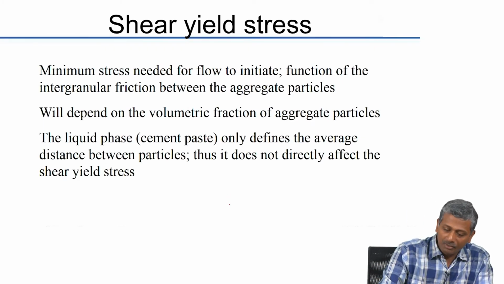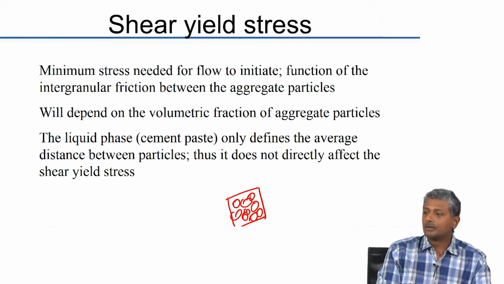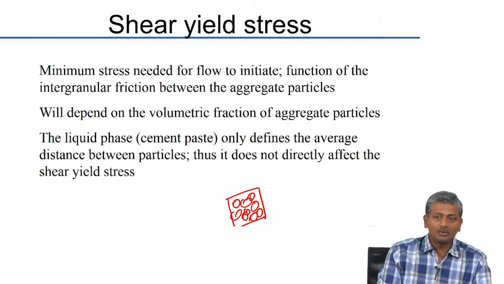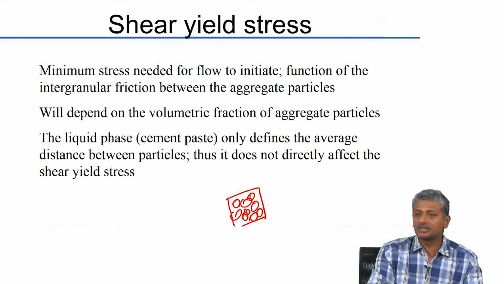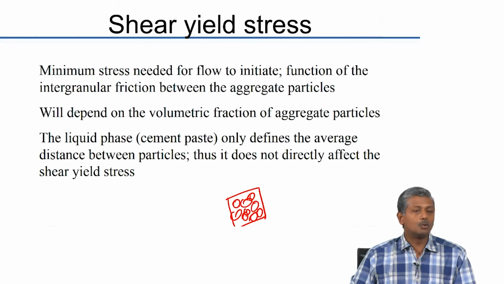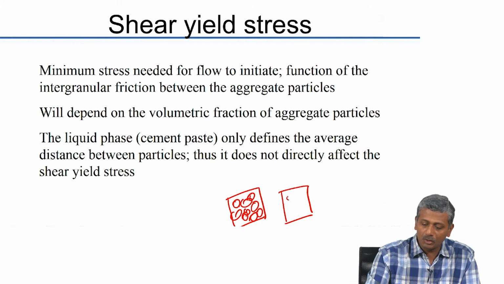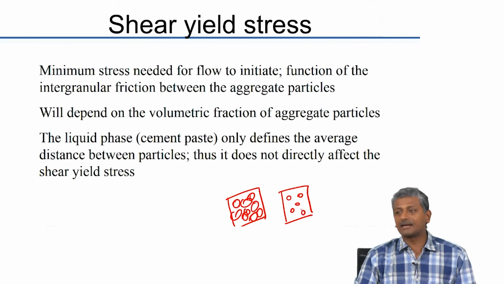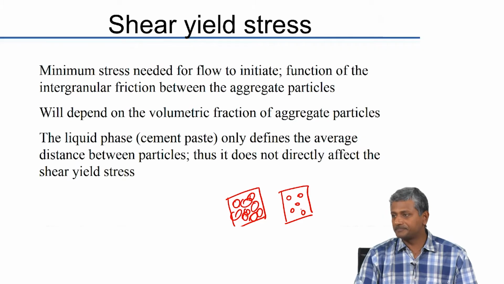Now, if you imagine a volume which is full of aggregate, if you want to make this volume start flowing, the amount of friction between the aggregates, because they are lying next to each other, is going to be so substantial that you need an extraordinarily high level of stress to be overcome to make this material start flowing. Now, the same concept, if you apply it to a system which has very less aggregate, you have mostly the fluid paste that is surrounding the aggregate, the amount of yield stress that needs to be overcome to make this material flow is much lesser, right.